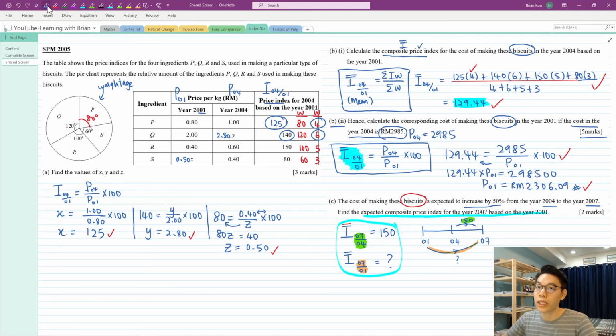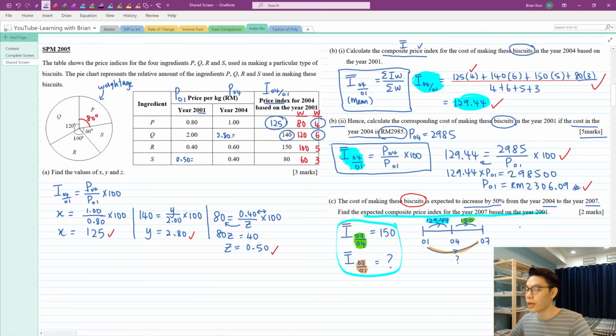And then got one more, which is 129.44. That is your index from year 2001 to year 2004. So the one in blue is the 129.44.